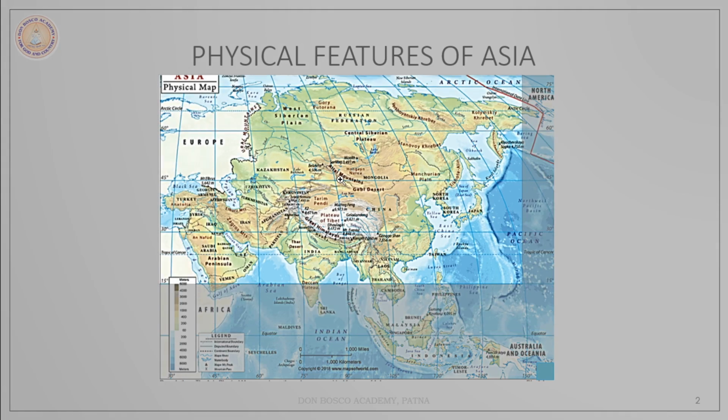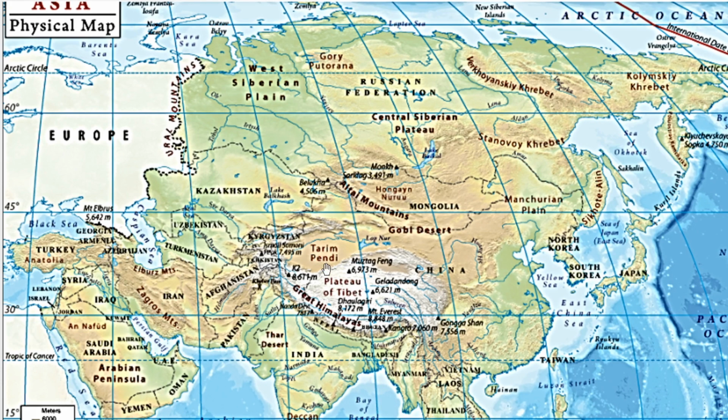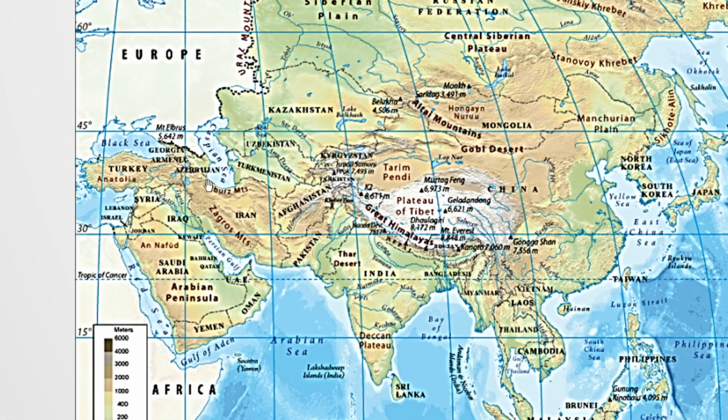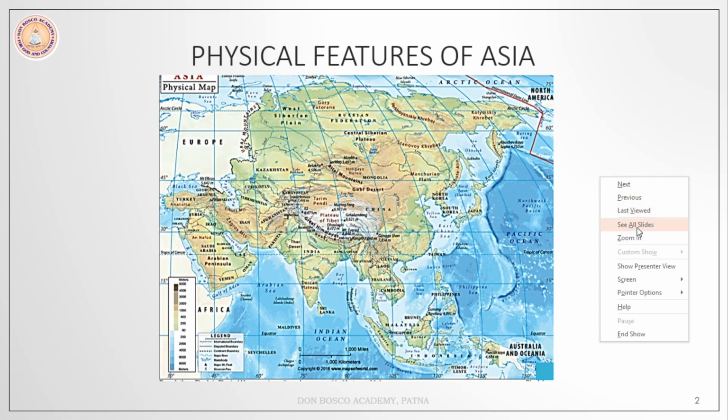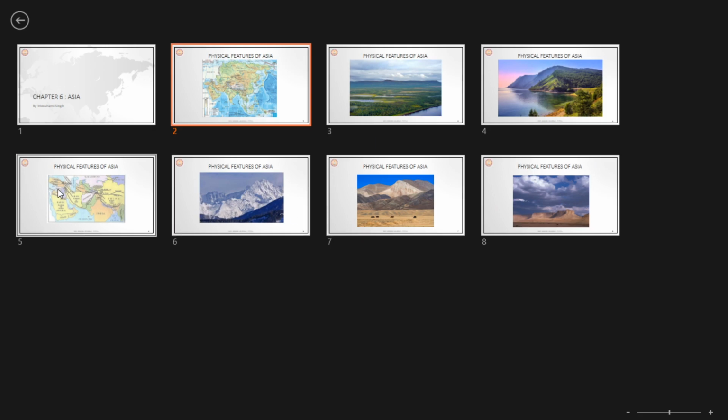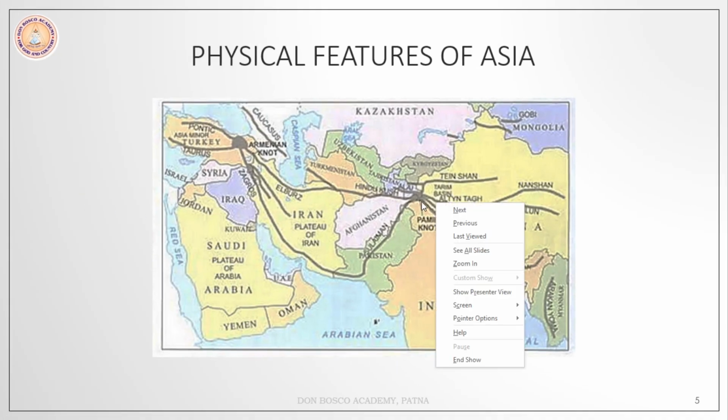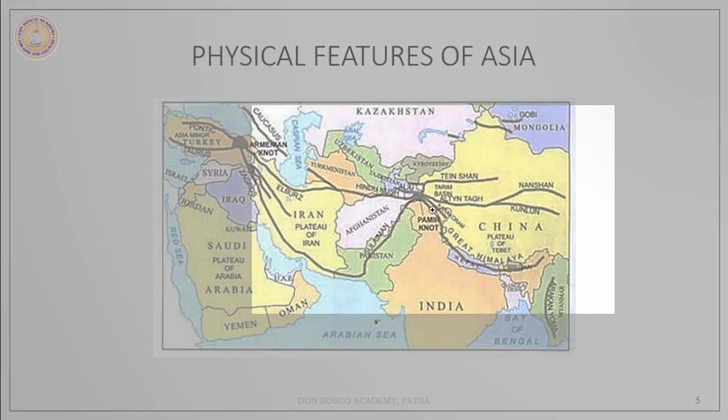Further south, we come across the central zone of mountains. This central zone of mountain is having several mountain ranges, intermontane plateaus and deserts. You can see the central mountain very clearly in this particular map.